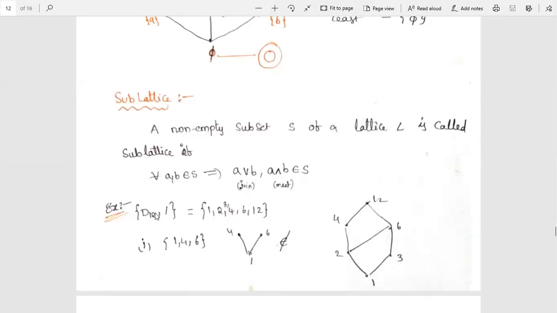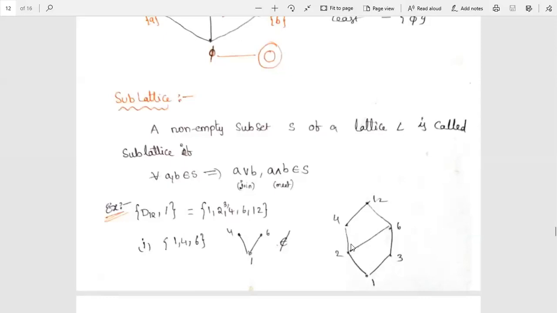The given example is D12, the divisors of 12. The relation is divides. The set contains the elements 1, 2, 3, 4, 6, 12. First we draw the Hasse diagram for this given poset. One is the least element.